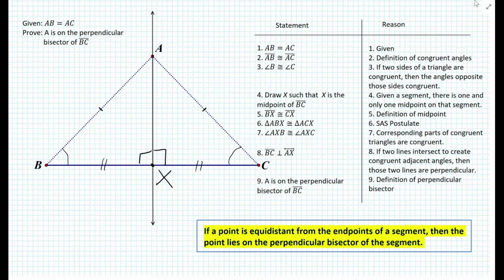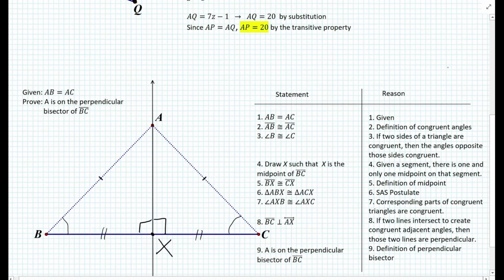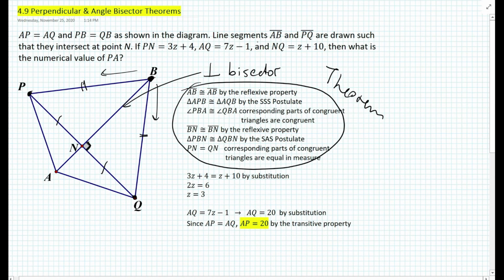So we could have used this in the do now, because if we go back to the do now here, we knew that point B is equidistant from P and Q, from those endpoints of that segment PQ. But we also know that it's already perpendicular at this point N. So must it be true that B lies on the perpendicular bisector of segment PQ? And the answer is yes, because we have proven it and formulated the theorem.